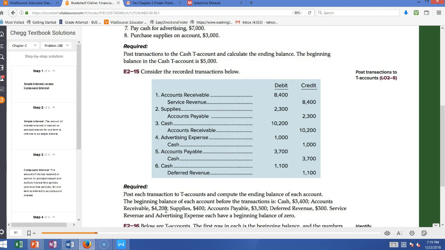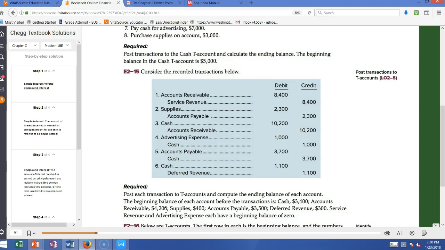What about supplies? An asset, debit of $400. Accounts payable, a liability, a credit balance. Deferred revenue is what? A liability, credit.